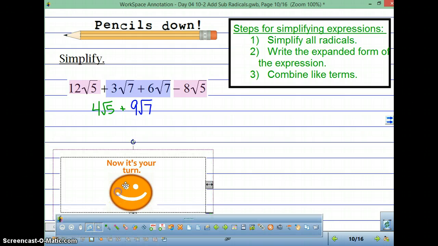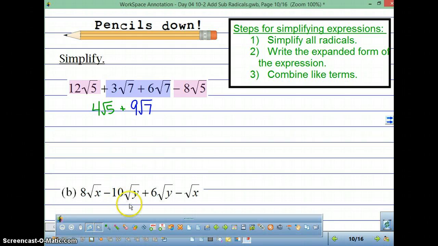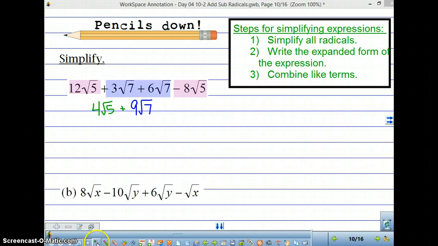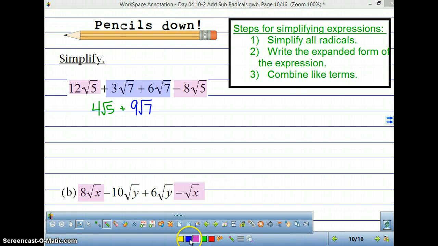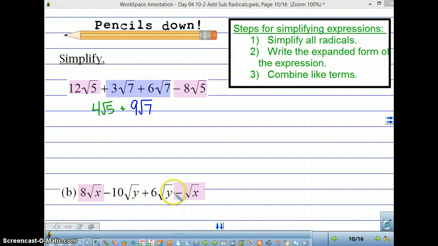Let's try another one. Okay? Let's do all the root x's first. Here, and the negative root x here. Okay, 8 root x minus root x, there's an invisible 1 here.